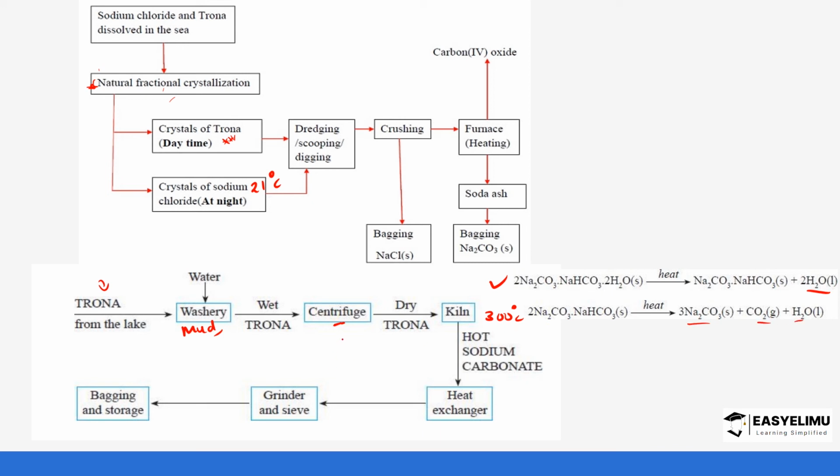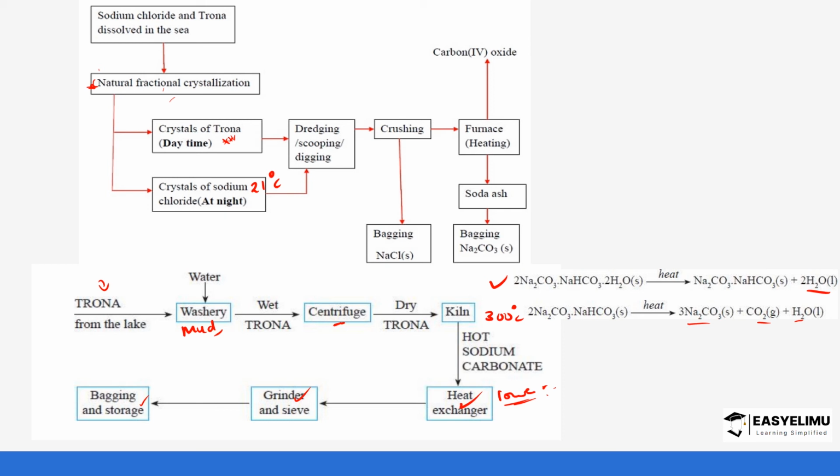After it has been decomposed fully, it's taken to the heat exchanger to lower the temperature because the temperatures are very high. And then it's taken to the grinder where it's sieved and broken down into small pieces and then bagged for sale. So that is the simple process of the extraction of sodium carbonate from Trona.